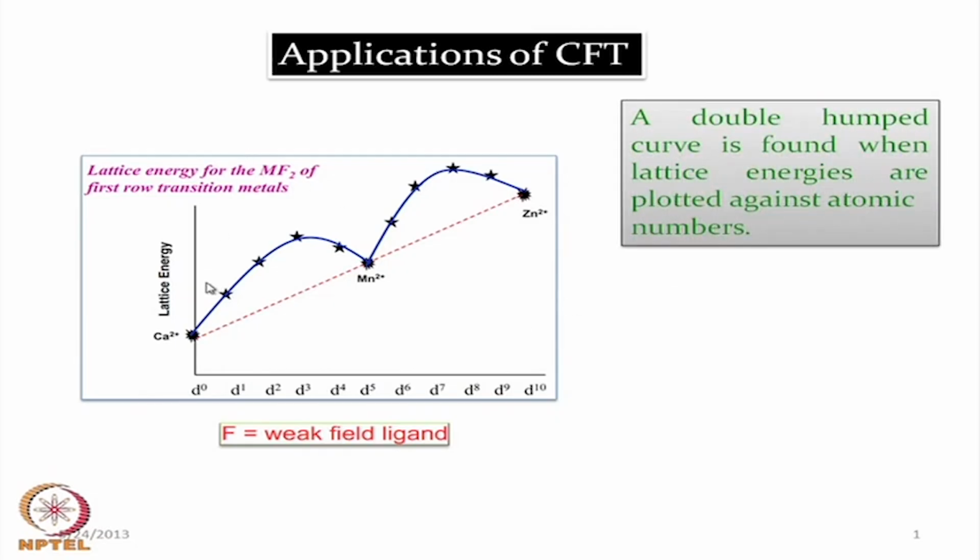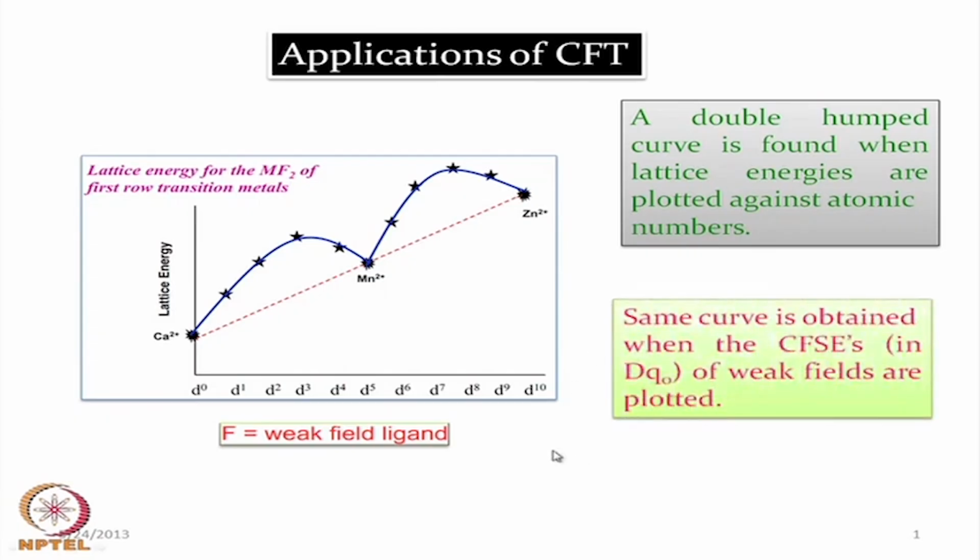What we get is a double humped curve, which is found when lattice energies are plotted against atomic numbers or the number of d electrons. It can be the atomic number from 20 to 30, or from d0 to d10 if we consider a plot related to the number of d electrons.